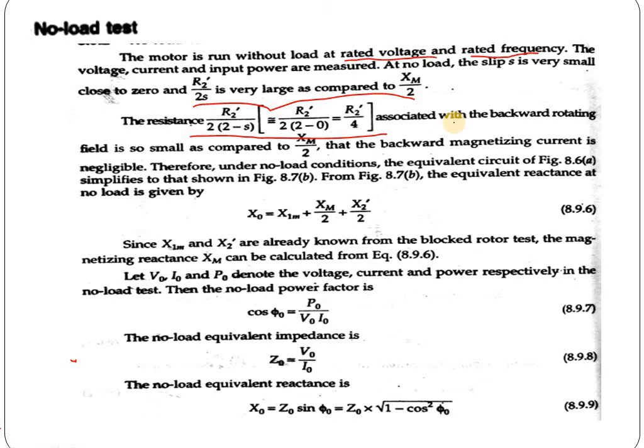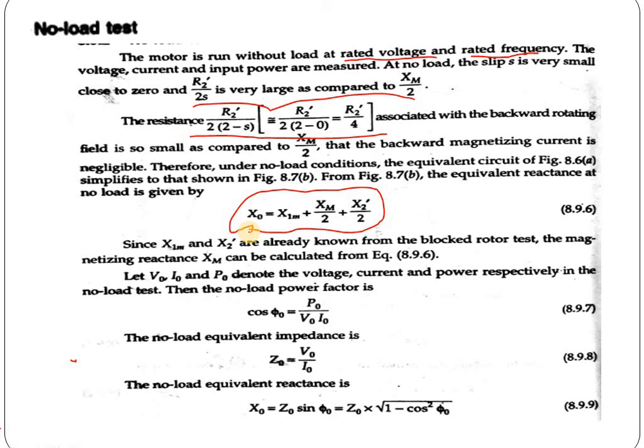Therefore, under no load conditions, we can refer to the equivalent circuit which we have shown in our previous lecture. From that equivalent circuit shown here, we can calculate the no load reactance X0 by using X1N plus Xm by 2 plus X2 dash by 2.